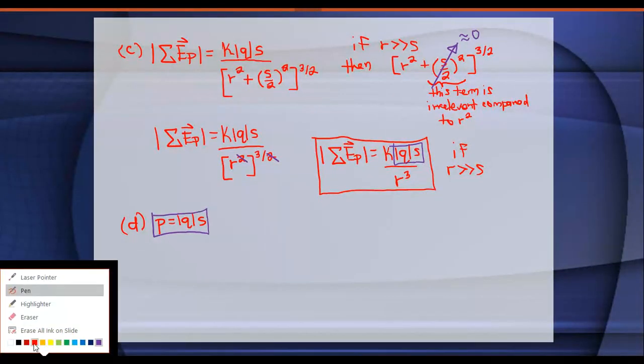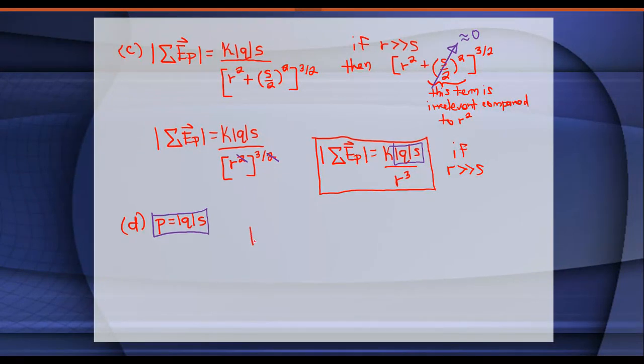Then you would get the magnitude of the electric field along an axis that is perpendicular to the electric dipole would be equal to K times P over R cubed. So now it's getting very, very simplified.